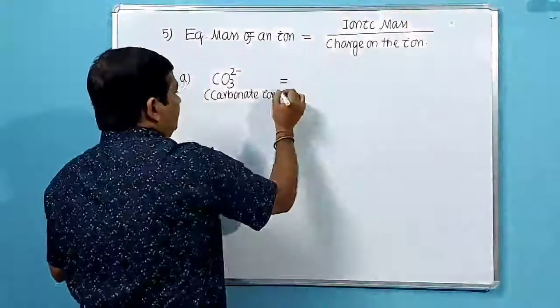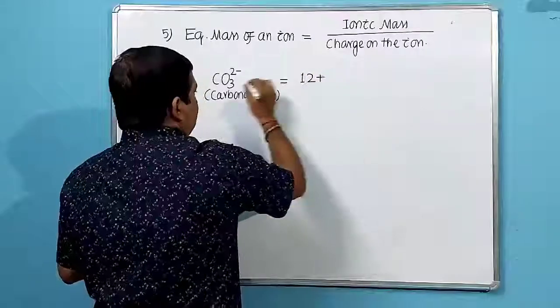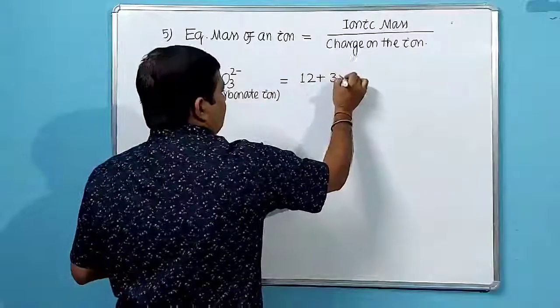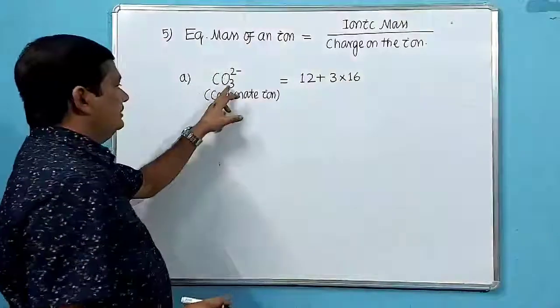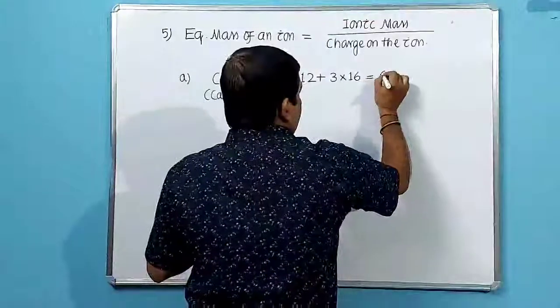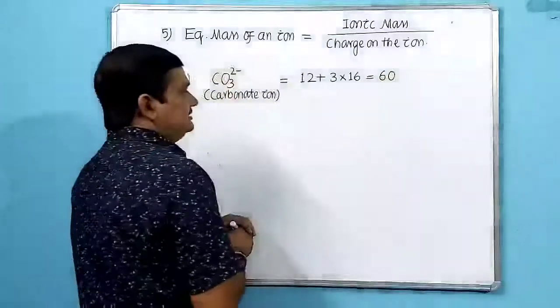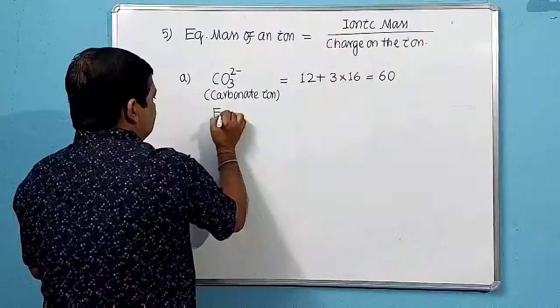So ionic mass, simple, mass of the ion: carbon 12 plus 3 into 16, so 48 plus 12, 60 is the ionic mass, 60 u. Okay, so what will be the equivalent mass?